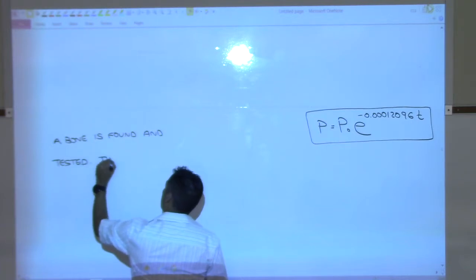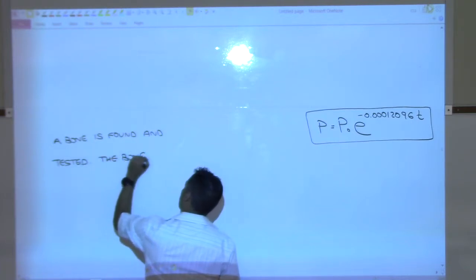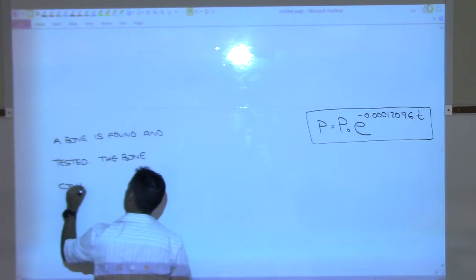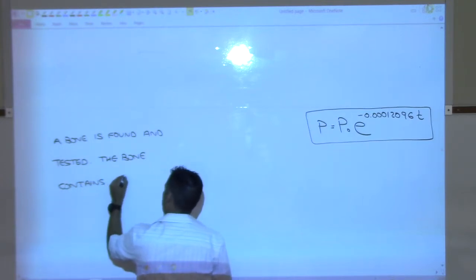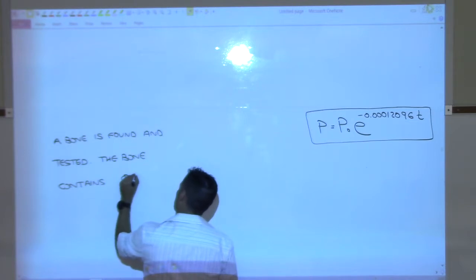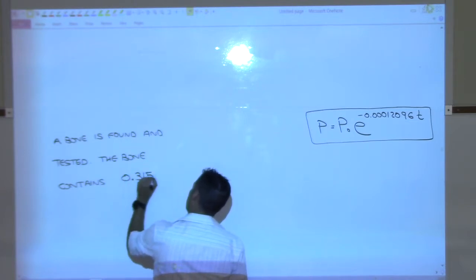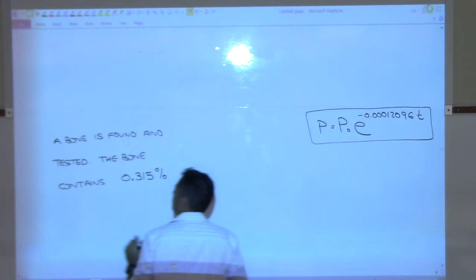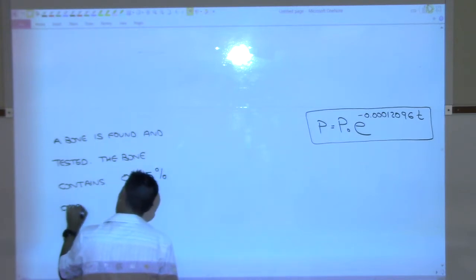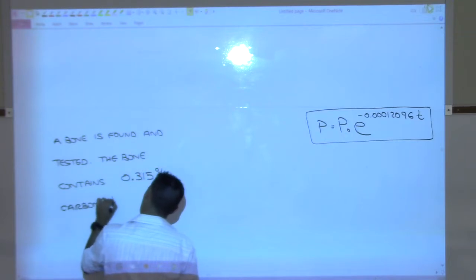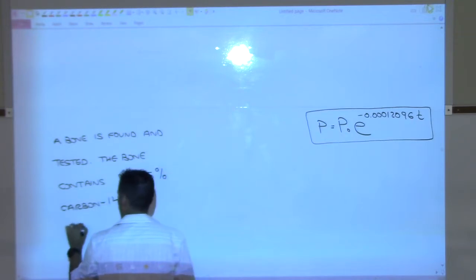The bone contains 0.315% carbon-14. How old is it?